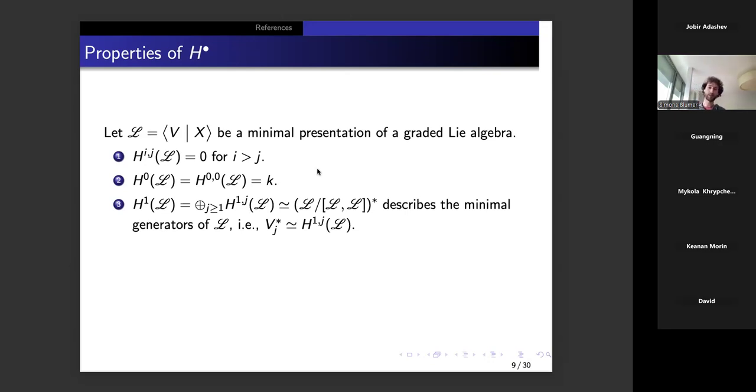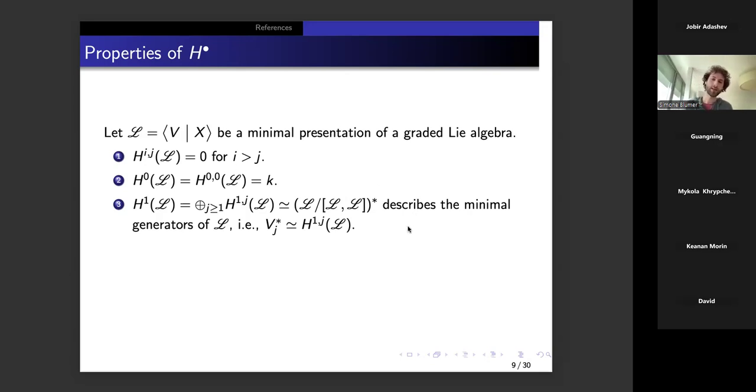The first cohomology group is related with the minimal generators of the Lie algebra, in the sense that the degree J component of the first cohomology group is isomorphic with the dual vector space of the degree J component of the generating space.